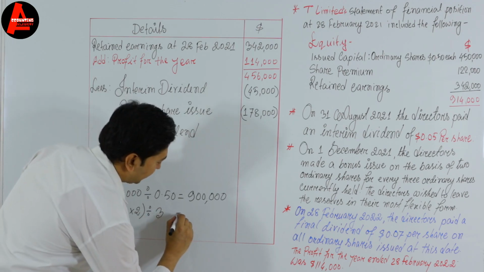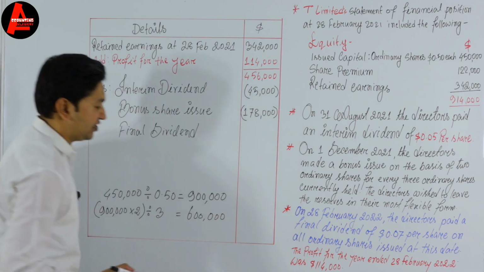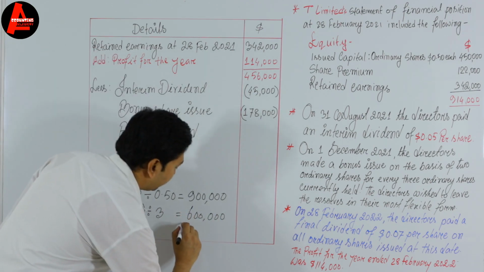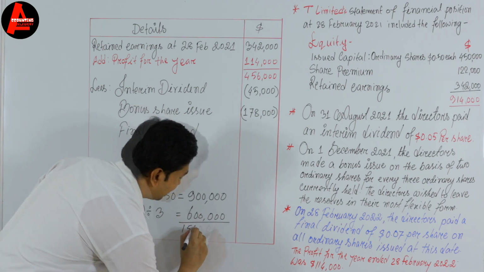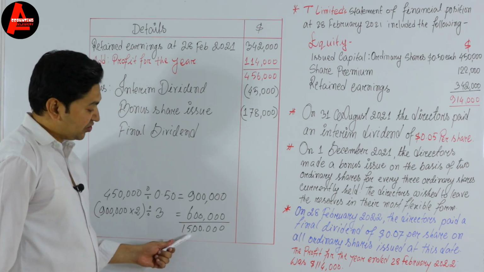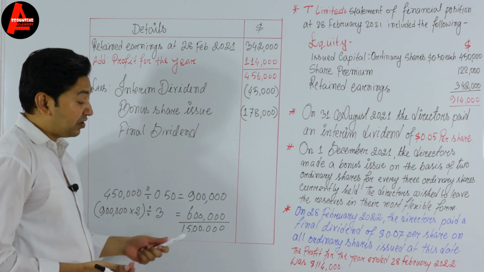Here we get 600,000 more shares. So what is the total shares? If we add these 2, we get 1.5 million ordinary shares.